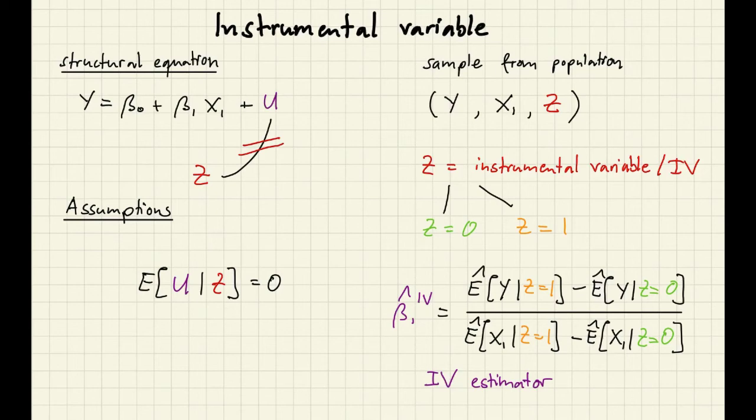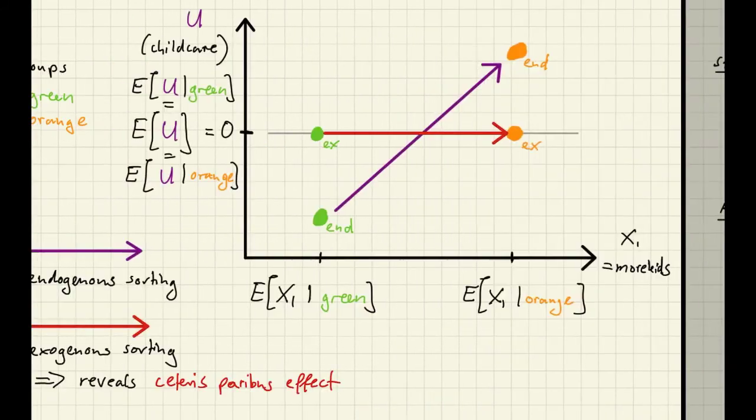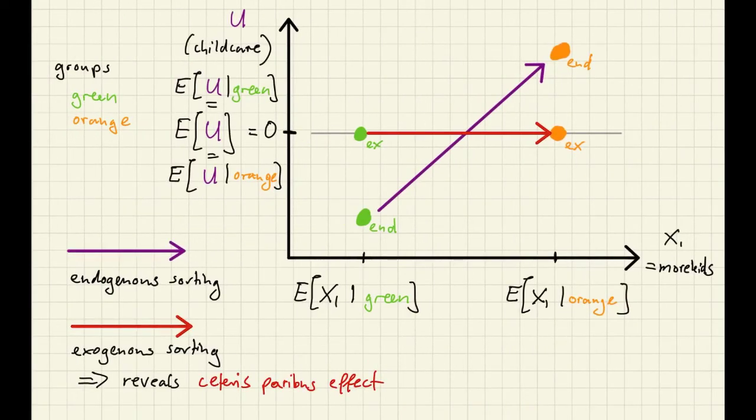This assumption is called the instrument exogeneity assumption. This assumption ensures that when moving from one group to the other group, we can never move vertically, so that the only possible direction of movement is horizontally in the direction of the causal effect.